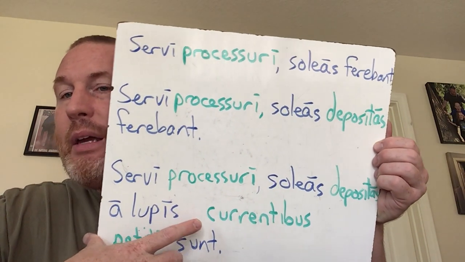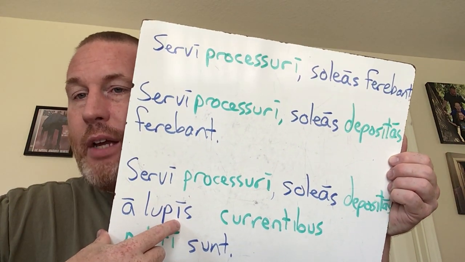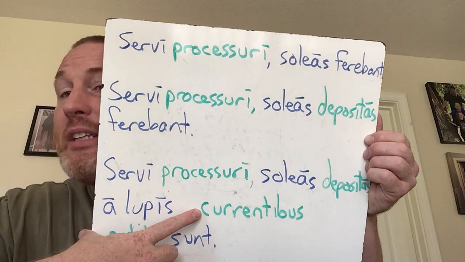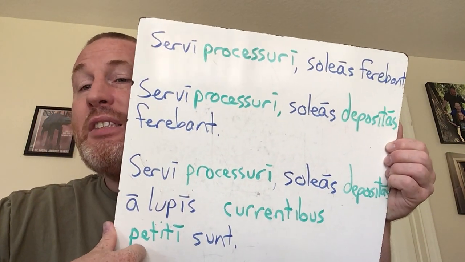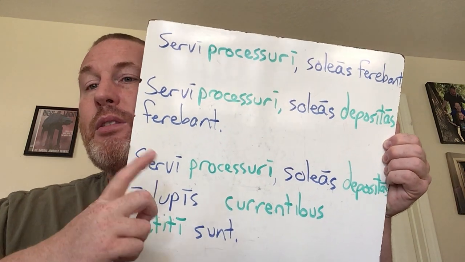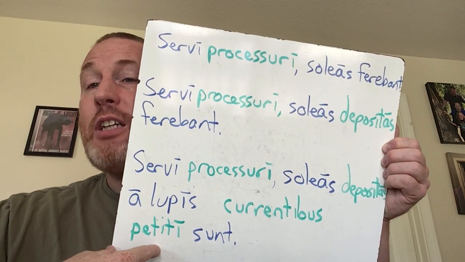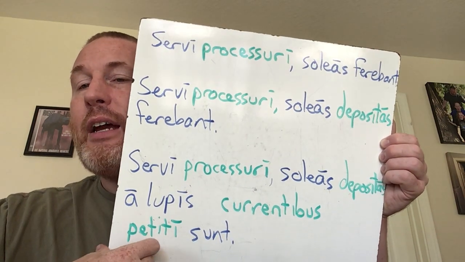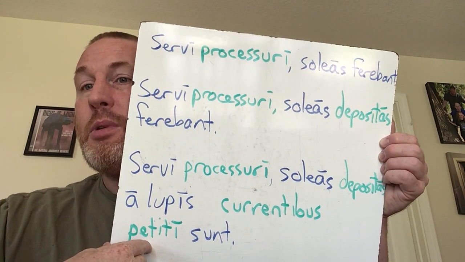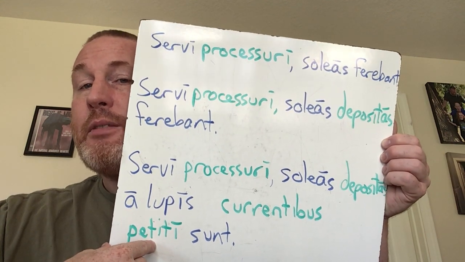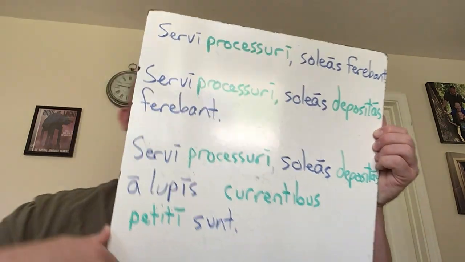Ablative, because it's modifying lupis, right? And this is ablative of agent. All right, so this is a present active participle. And then petiti is referring back to which group? It's got to be the servi because it matches number, case, and gender. And it's tied to this verb here, but I just wanted to highlight that you are seeing actually the use of a perfect passive participle with a verb. Were sought, okay, or were attacked. And that's how it works.